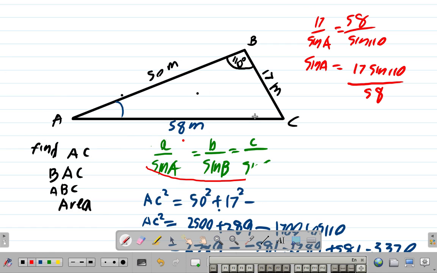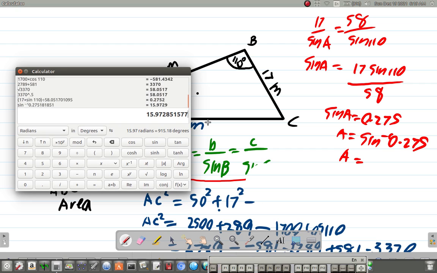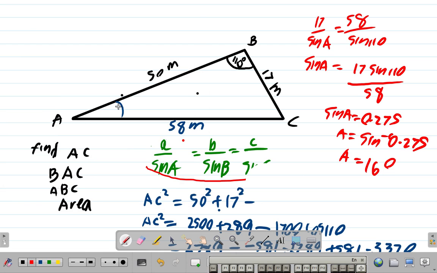So sine A is equal to 0.275. A is what? Sine inverse of 0.275. Back to our calculator, the sine inverse of this equals, let's call it 16 degrees. So this is 16 degrees, alright?